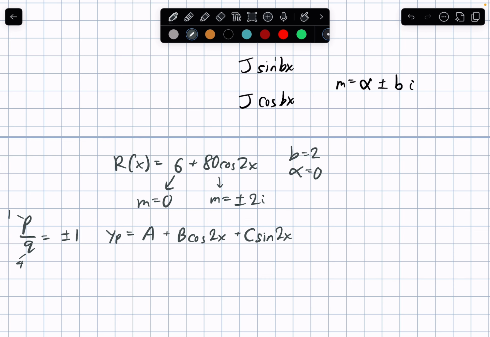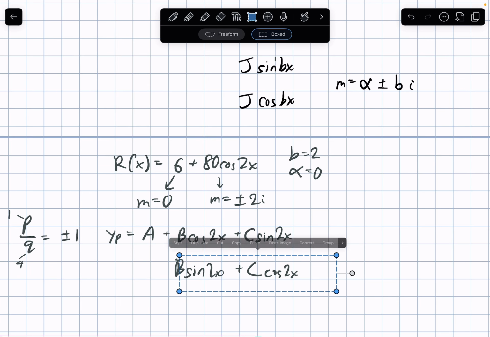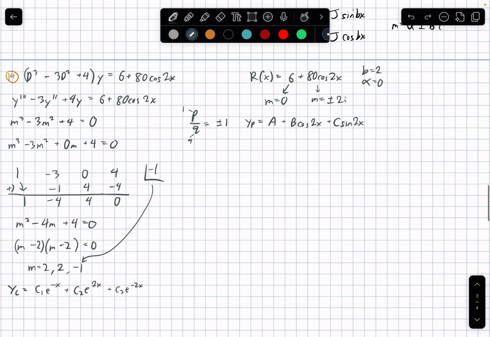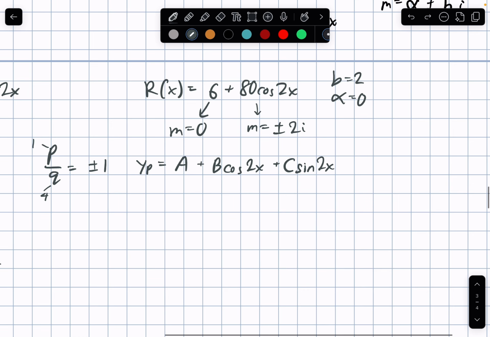It's the same thing the other way around. If you have b sine 2x, it has to be accompanied with its corresponding cosine 2x. That's very important to know. If you leave this out, you're in big trouble. We're still early on in the solution, so try your best not to avoid any opportunity to get it right.